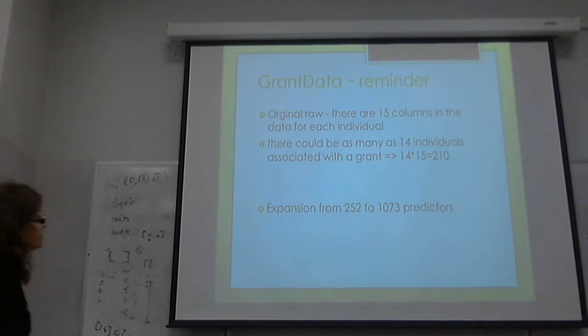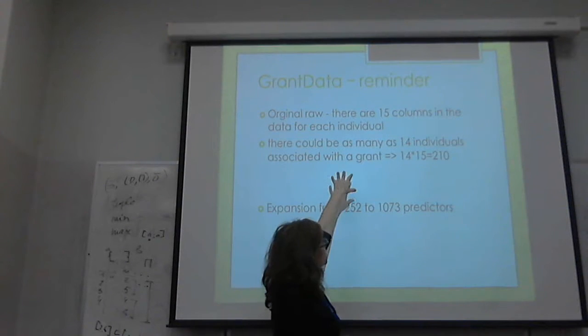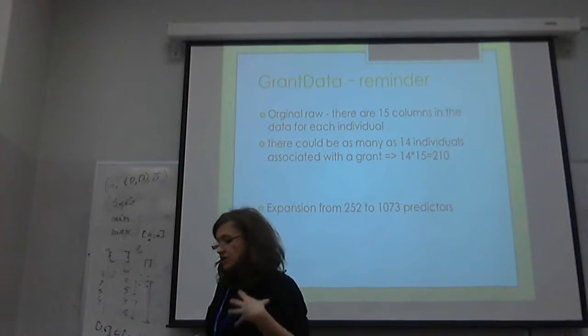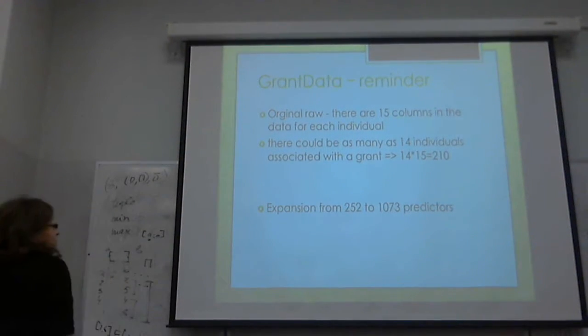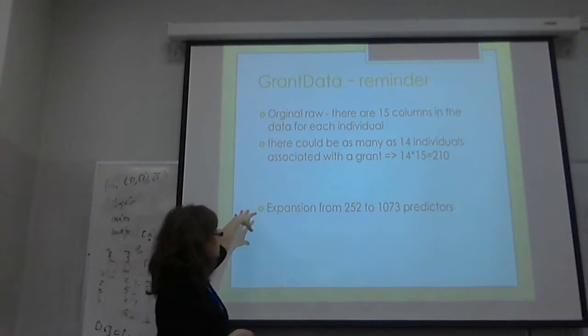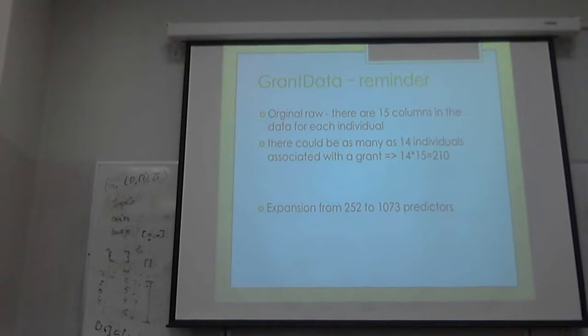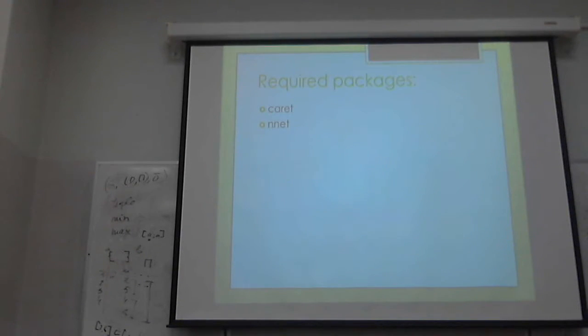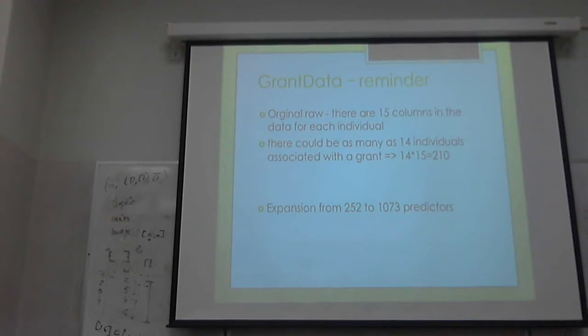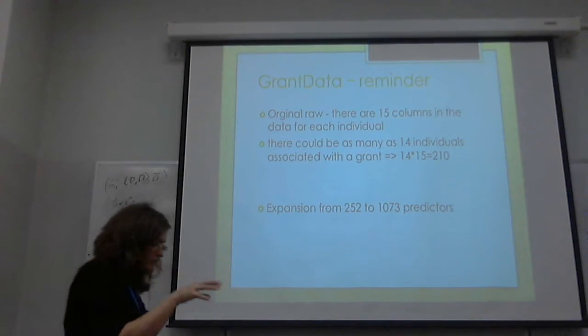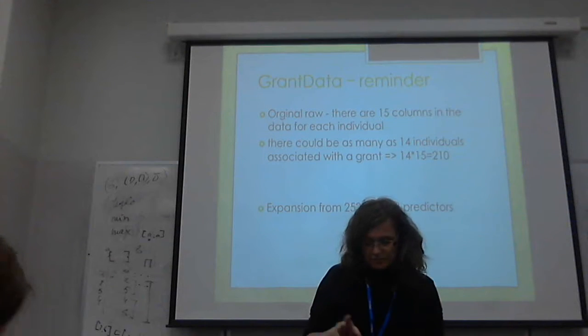So 210 was only the data about each individual predictors. And then there was an expansion from 252 to even 1,000 predictors. If you look at them in the table, you will see that many of them are just binary predictors.